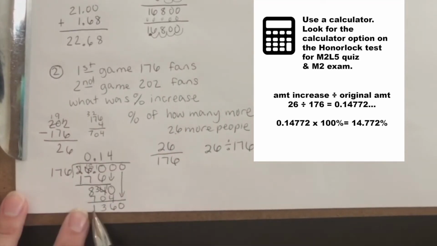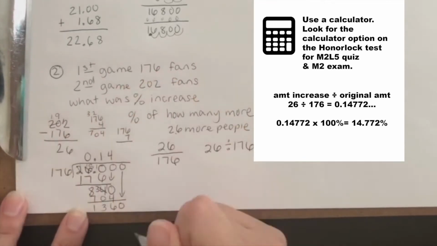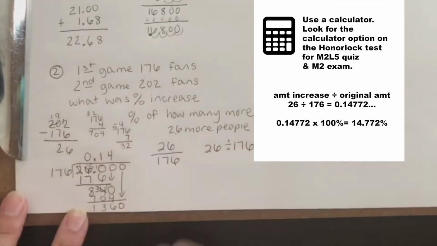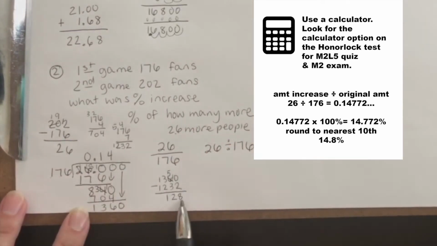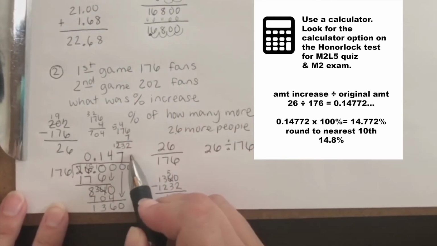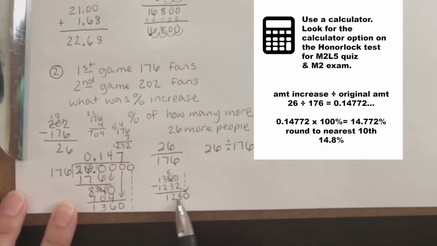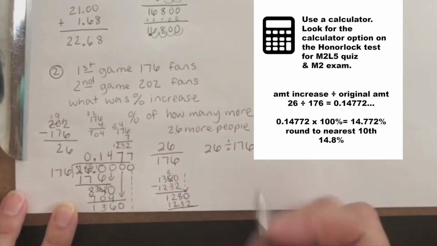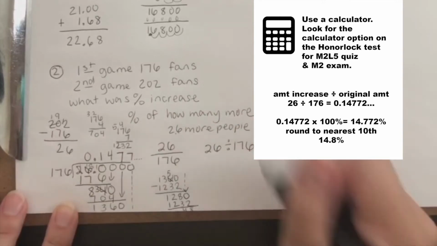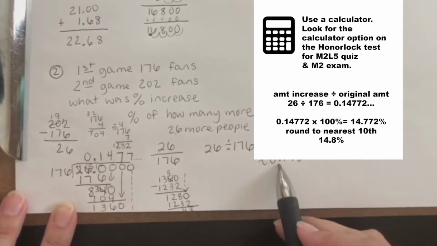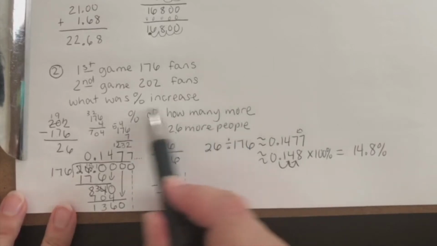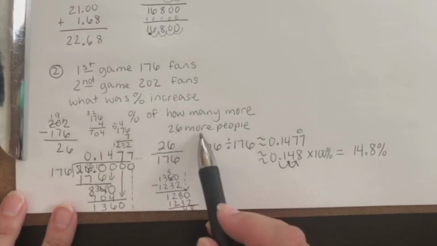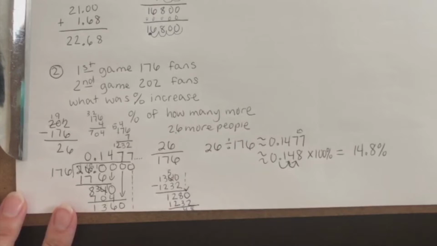There's no reason to do this by hand here. So take the amount increased divided by the original amount. So that's 26 divided by 176. You'll get 0.14772. Multiply that by 100% to get 14.772%, and then round that to the nearest tenth, and you'll get 14.8%. The percent increase for how many more people came is 14.8%.